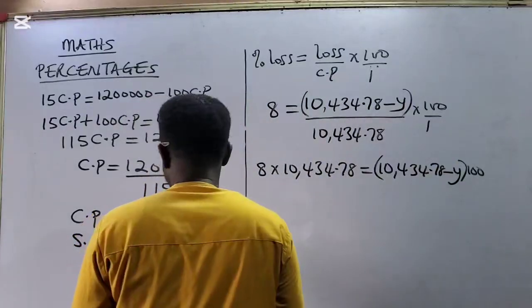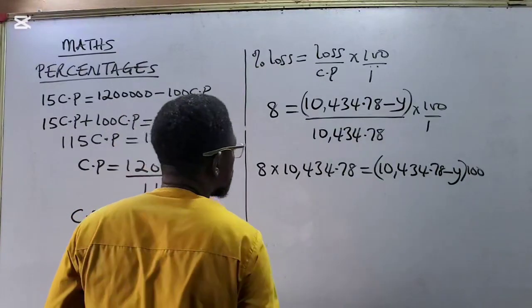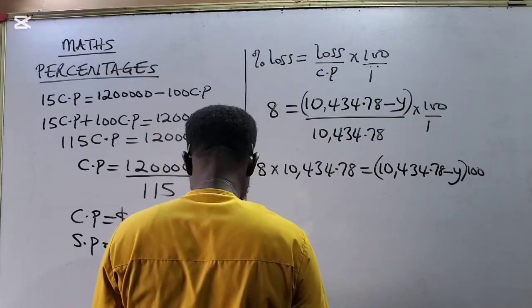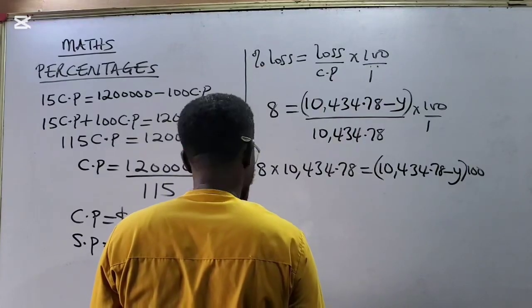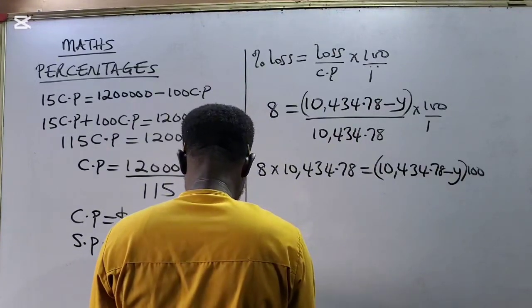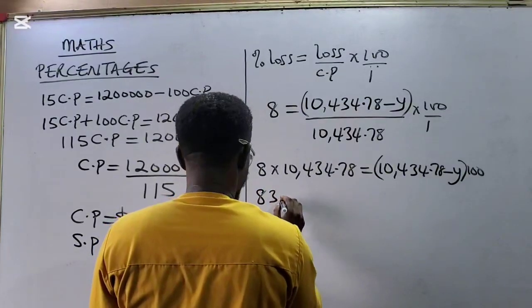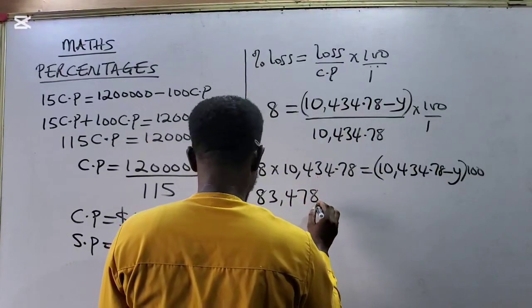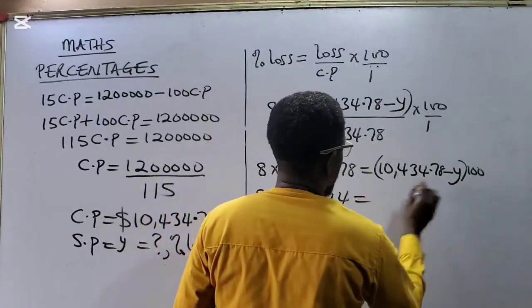Multiplying this by 8 gives 83,478.24. Now we can open the brackets.